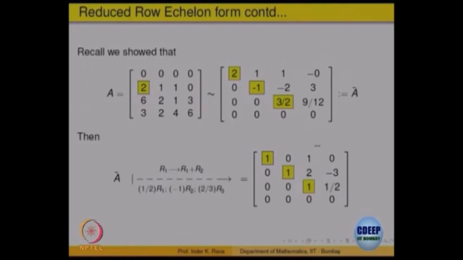In the reduced row echelon form, what matters is the pivotal columns, right. The pivotal columns are in increasing order, and second, the pivot is 1 and each other entry in that pivot column is equal to 0. Everything else is of no relevance to us, right, and that form is unique.